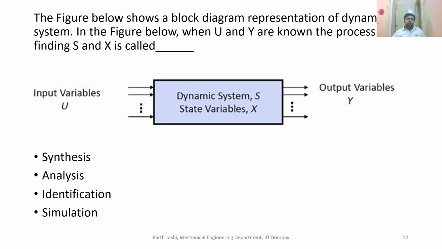The state variables may be some concentration, or a ratio of two quantities being mixed in a system. Using that as a state variable, we find the corresponding model that relates these quantities. So that's what we generally call system identification.